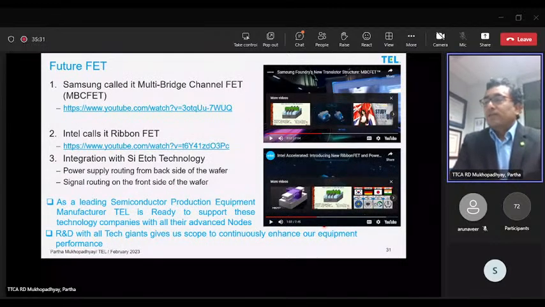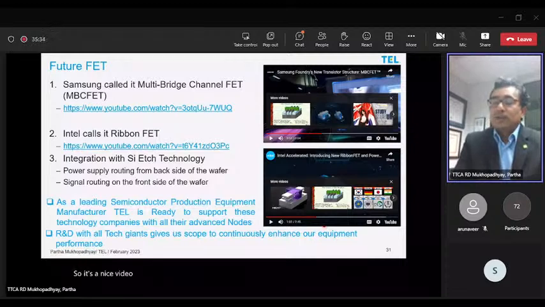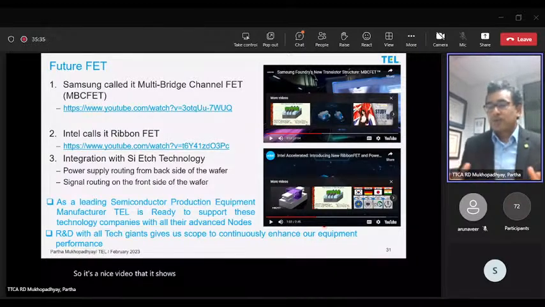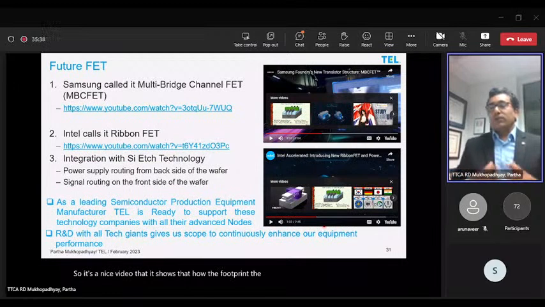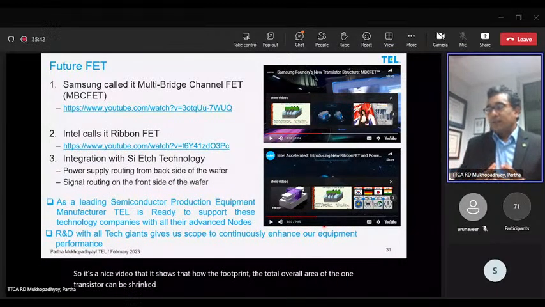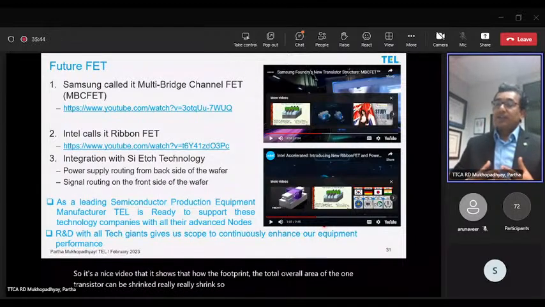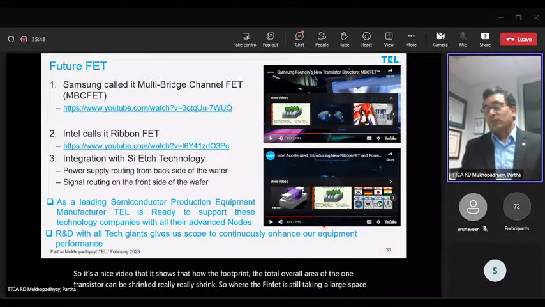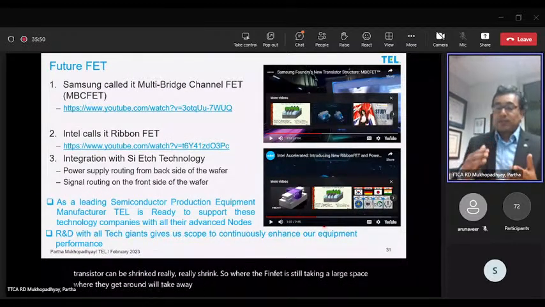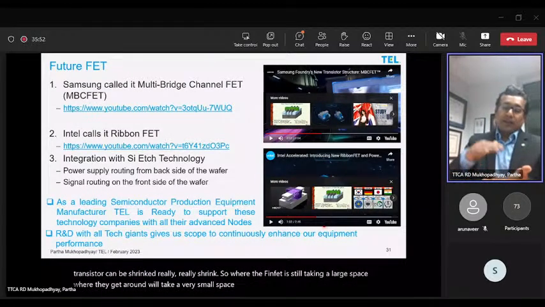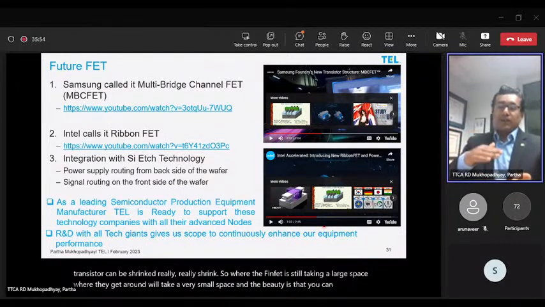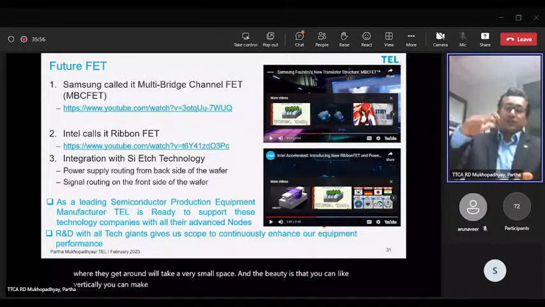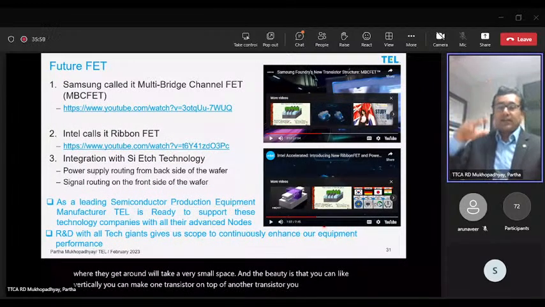It's a nice video that shows how the footprint, the total overall area of one transistor, can really shrink. The FinFET still takes a large space, whereas the gate all around takes a very small space. And the beauty is that you can vertically make one transistor on top of another, just vertically stack it.